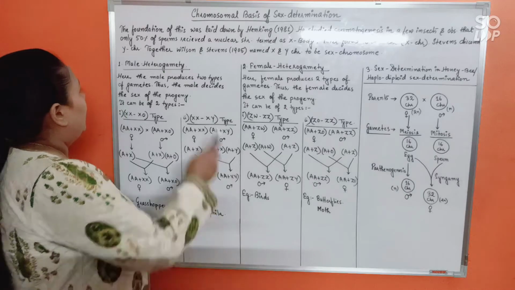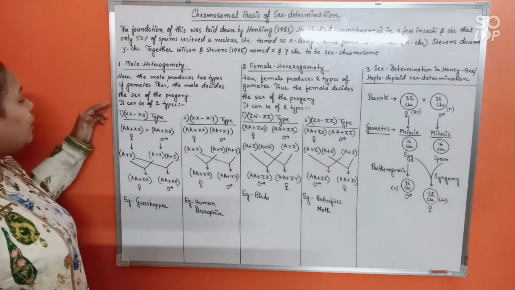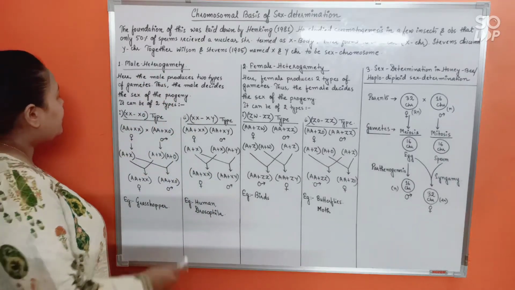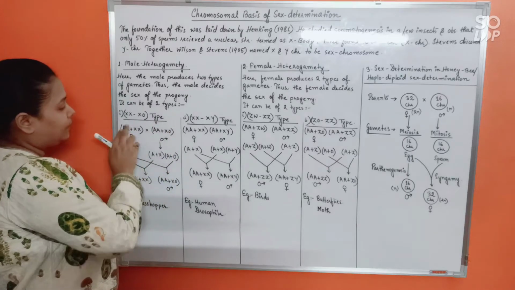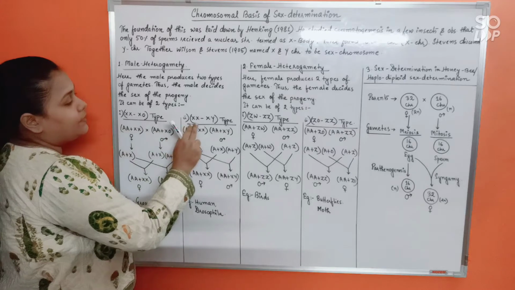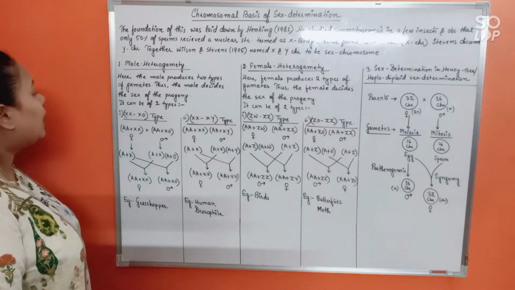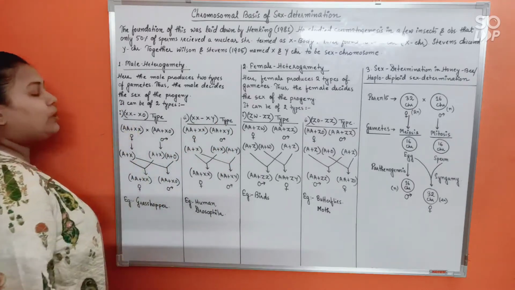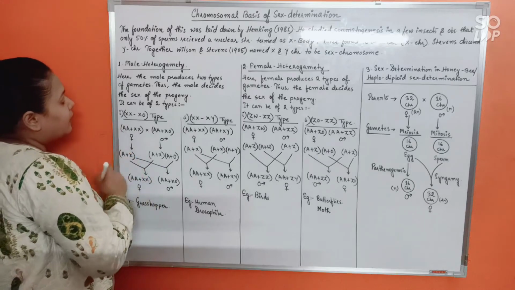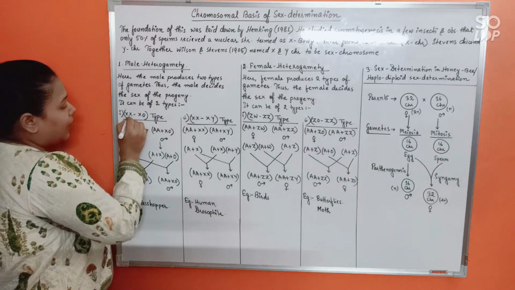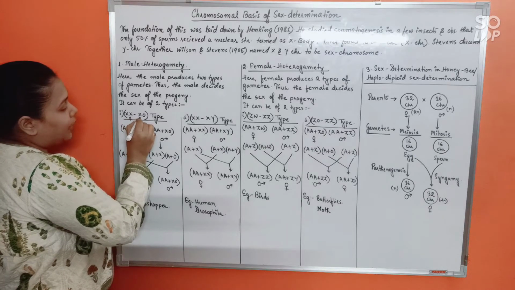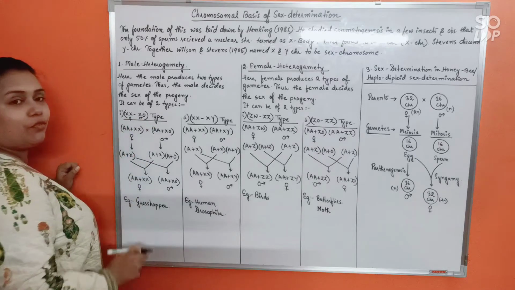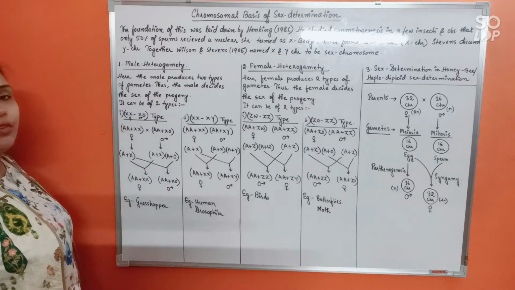Now, male heterogamety can be of two types again: XX-XO type and XX-XY type. XX-XO type means, we usually write the sex chromosome combination of the female first, and then for the male. So XX is for the female, XO is for the male.